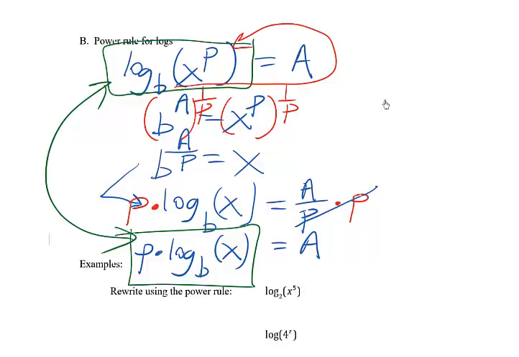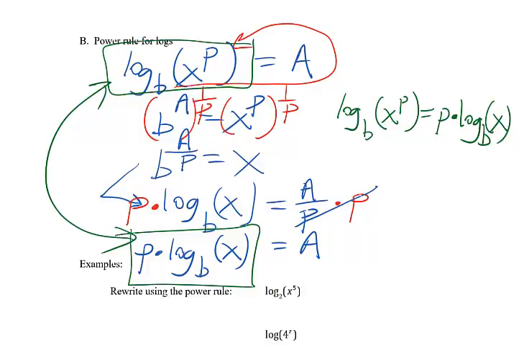Let's write that down. The power rule for logs simply says this. Log base b of x to the p is equal to p times log base b of x. In other words, if you have a logarithm and the result portion is a base and a power, that statement is equivalent to taking that power, moving it down to the front as a multiplier, and then multiplying by the remaining logarithm.